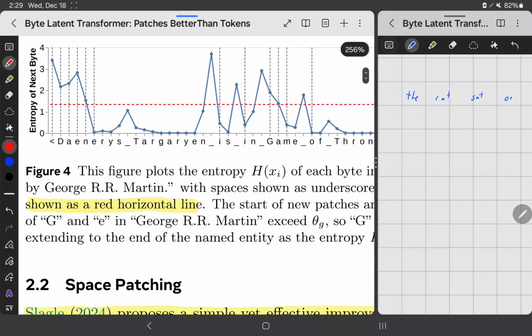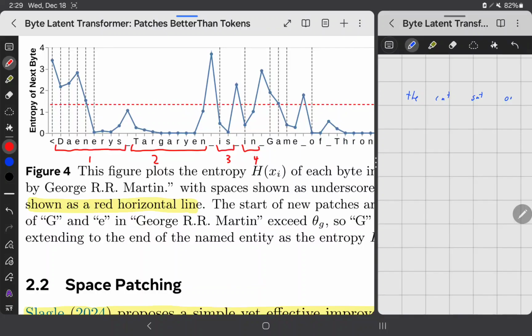So given this sequence here, a trivial way to form patches is to do it by space. So you could do, this is a patch, this is a patch, this is a patch, this is a patch, and so on. And then this would be patch 1, this would be patch 2, this would be 3 and 4. And then you could send this through your model in some way, and that would be your patchification.